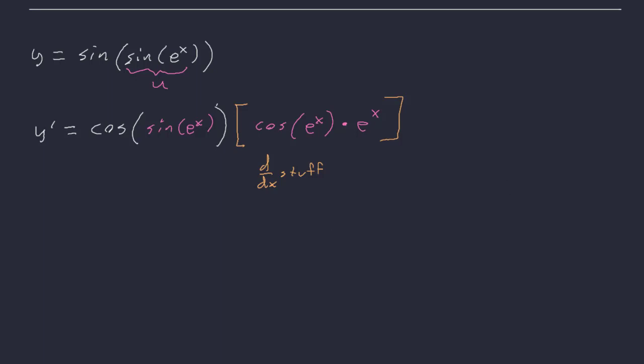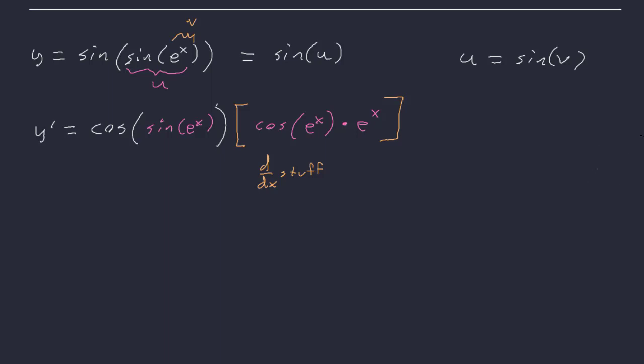Okay, if you're having trouble following that, what I recommend doing is notice how I called this here u, and then we could call this v. So this is sine of u, and u is sine of v.